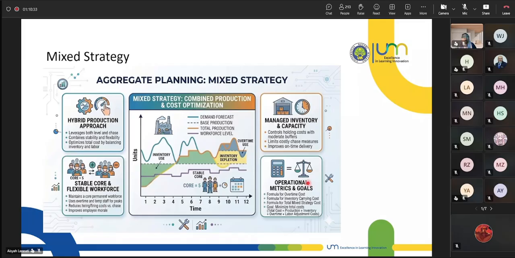So it actually depends on the volume and variety, right, Cik Hamizan? It depends on the volume and variety of the company, how they produce, how much the volume is. But I think Ibu Aisyah's is the specific strategy for that project, right? Okay, thank you very much, Cik Hamizan.